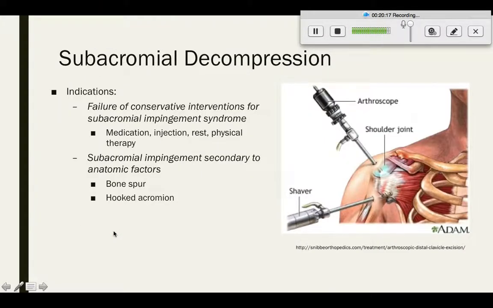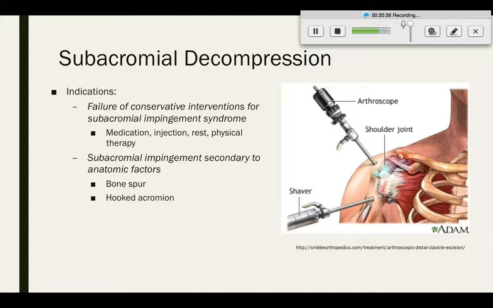Alrighty, so moving on to addressing the rotator cuff spectrum. So we're going to start with shoulder impingement, which is commonly addressed via subacromial decompression, which is exactly how it sounds. They're going in and they're opening up space beneath the acromion.